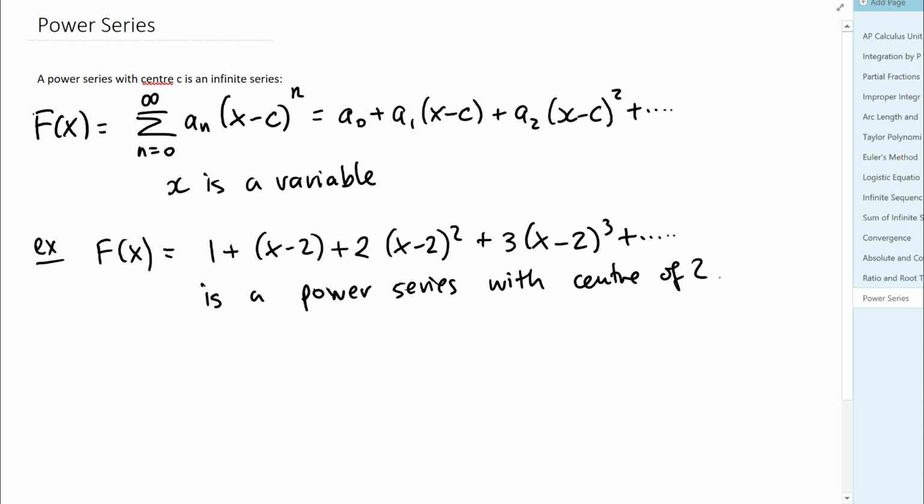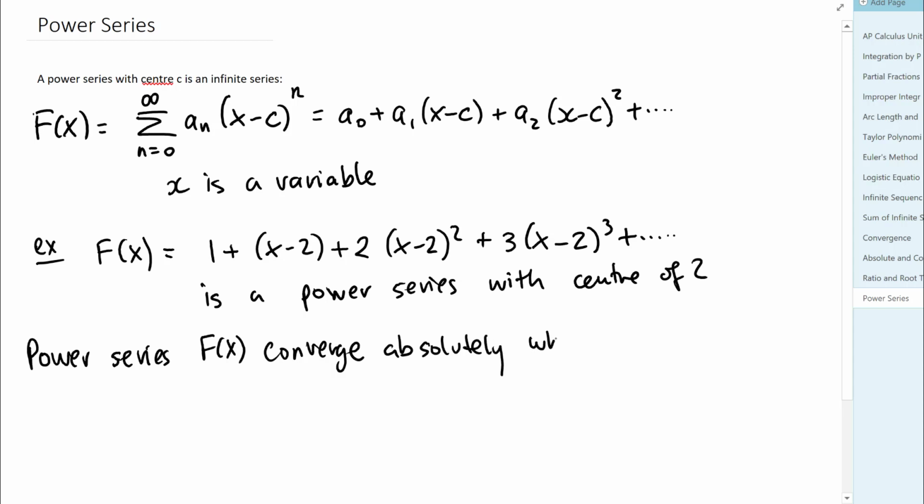Now, it turns out that power series converge absolutely when the distance that they are from the center is less than r, and they diverge when the distance from the center is greater than r.